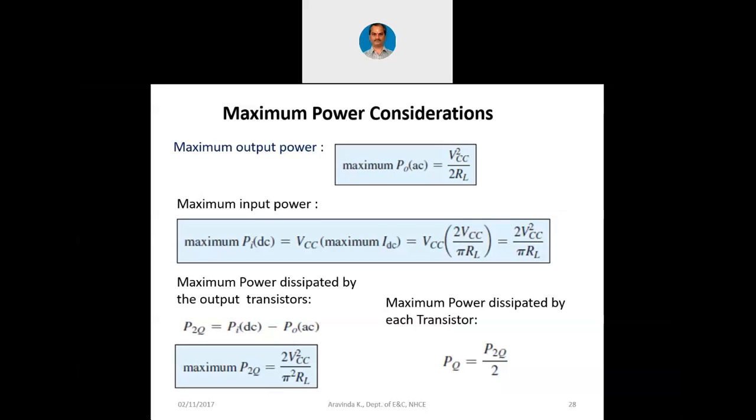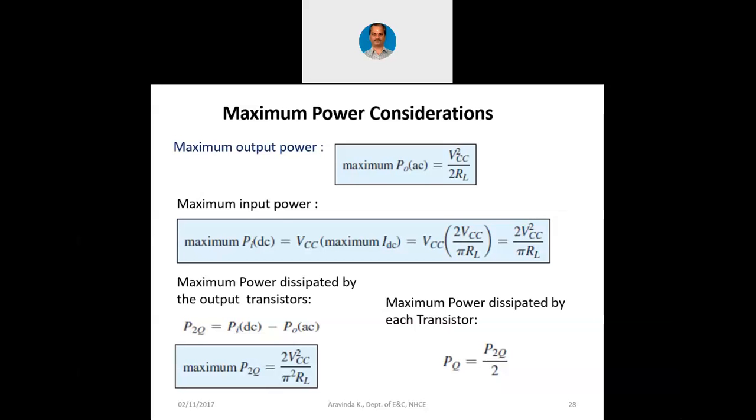Using those two, we can find out the maximum power dissipation by the transistors. Based on this, we will have to select at least double the rating of this particular value in wattage. That is how we have to choose the devices. Otherwise, the life of the device is going to be drastically reduced when it cannot handle this power on a daily basis.